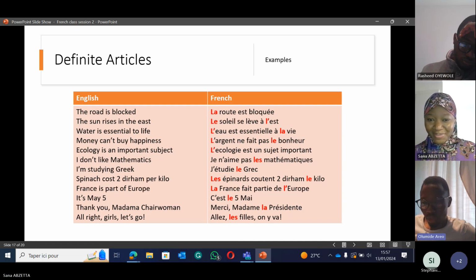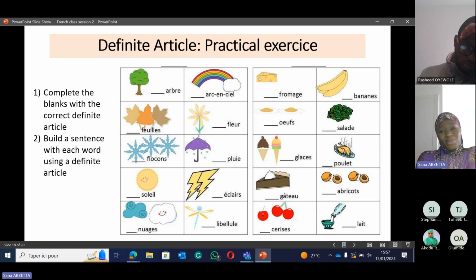Thank you. We can proceed. We will try here to complete with the right articles. You have arbre, we already saw that.